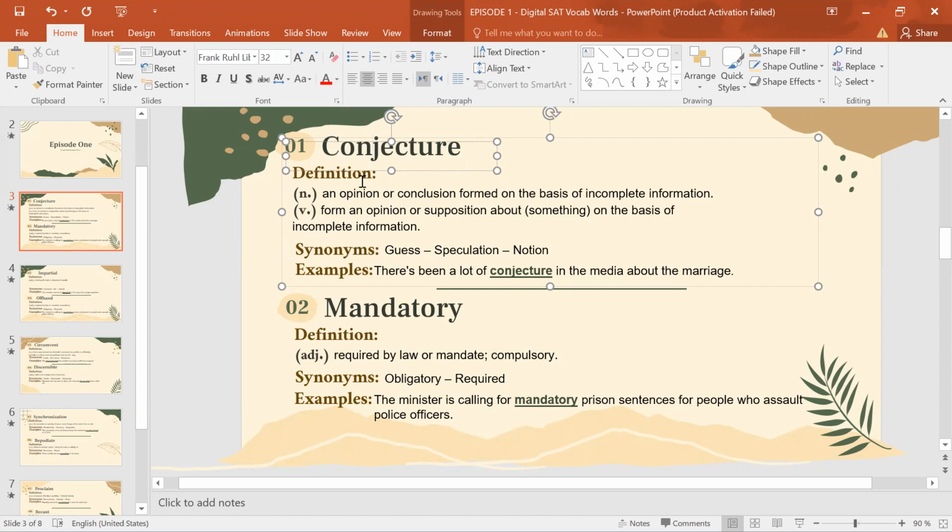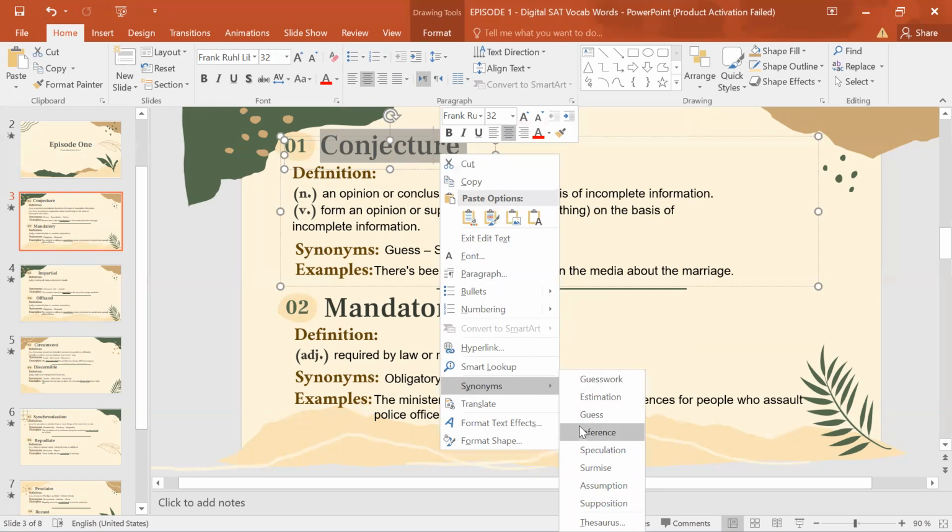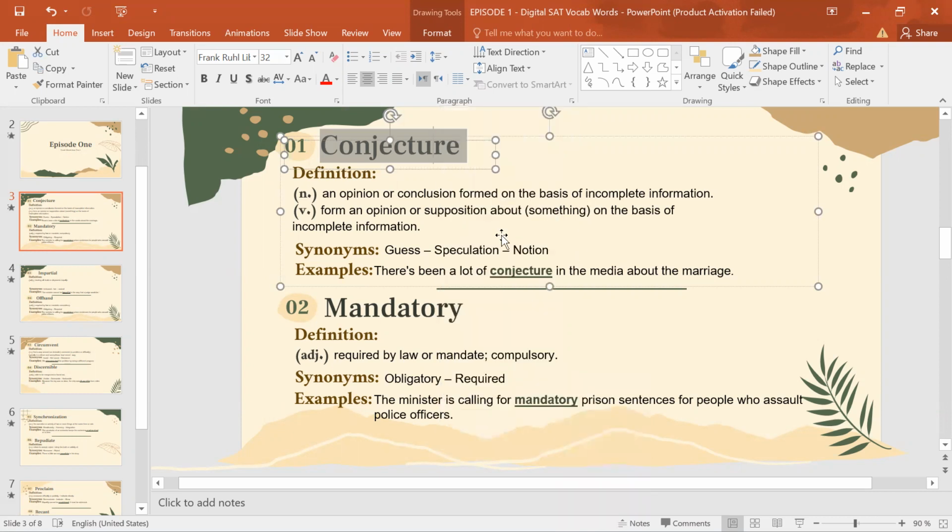Or if you don't want all of that, you can simply select the word, right-click, and see the synonyms of this word. You can find estimation, guess, inference, speculations, surmise, and these are the synonyms of the word.